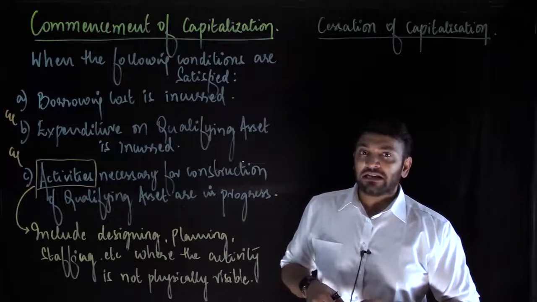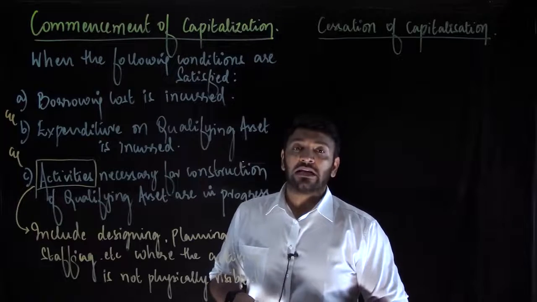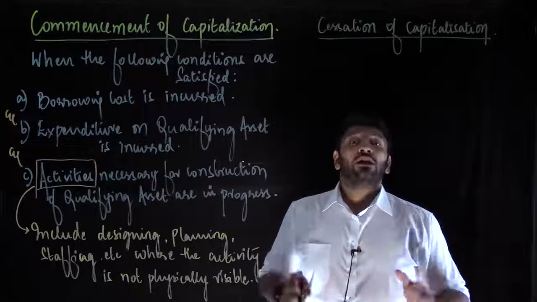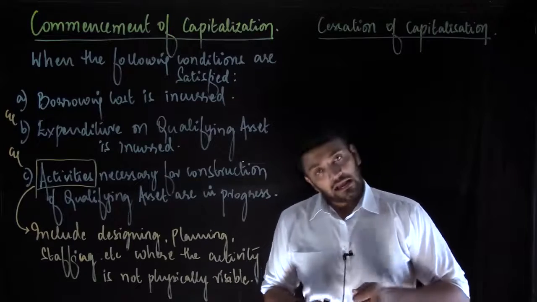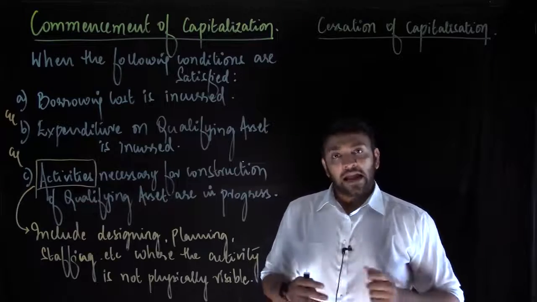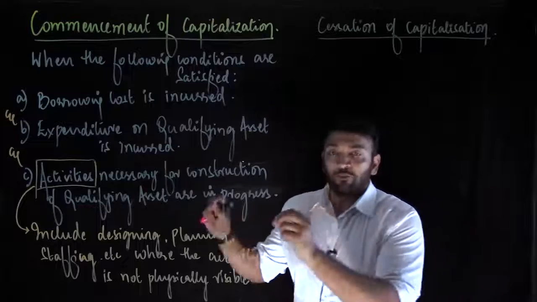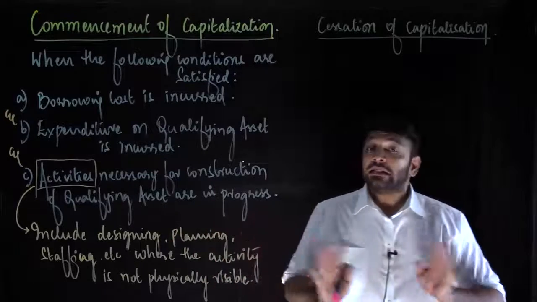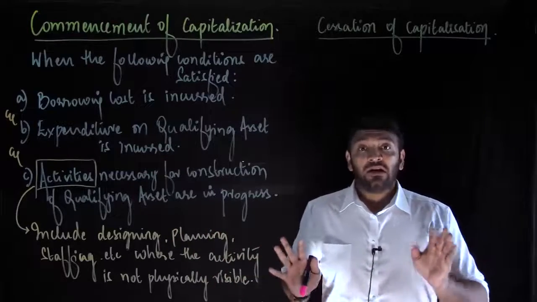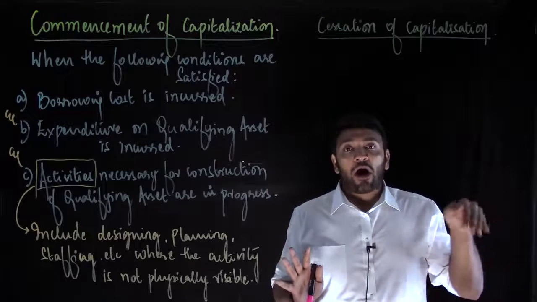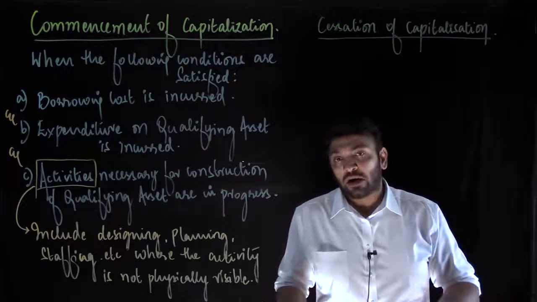So what very cleverly this enterprise has done is, they made sure that they did not complete the process. Every day they came, every day they would fit one window, they go back. Every day they fit one door, they go back. They're not intending to complete the work. They're trying to prolong the work as much as possible because I'm already incurring borrowing cost. Anyways, I don't have to do anything.